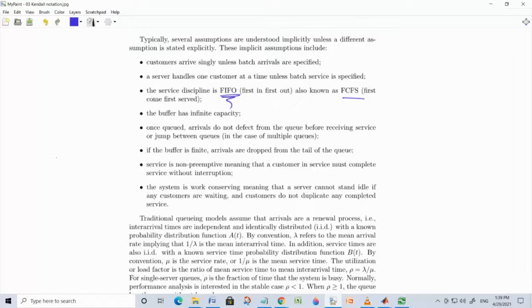If a paper does not mention anything about the queuing discipline, then the default is FIFO. And if nobody is talking about finite buffers, then the buffer is assumed to have infinite capacity. Of course, it's not realistic, there are no infinite buffers in reality, but it can be a reasonable assumption in many situations, and unreasonable in many others.